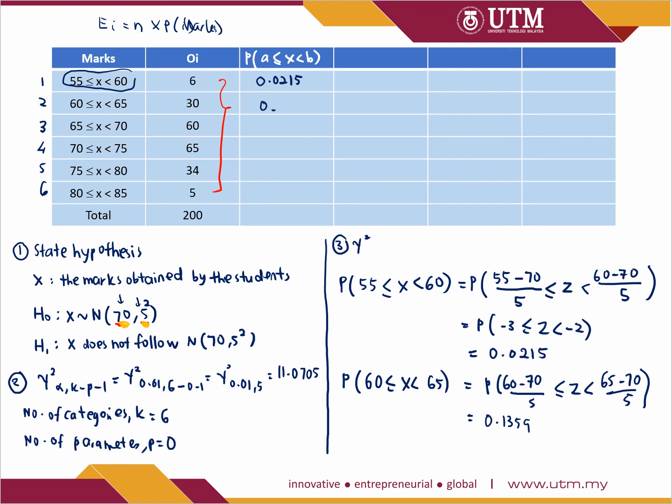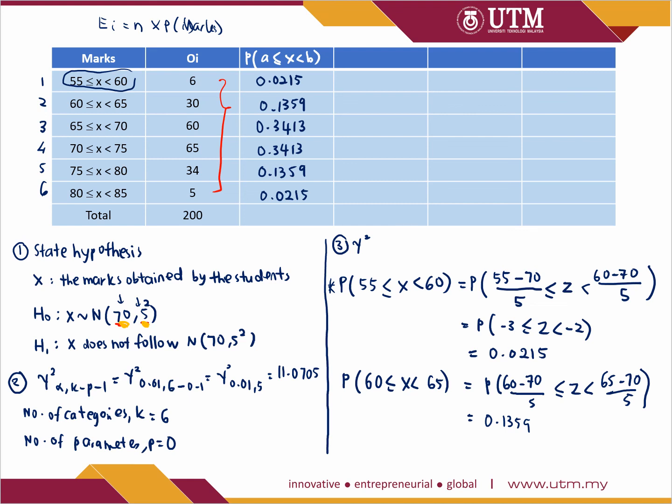I'm not going to show you all the steps for this probability because the same method applies to all the categories. So you can try by yourself and check your answer with mine. 0.3413. This one is also 0.3413. And the last one is 0.0215.